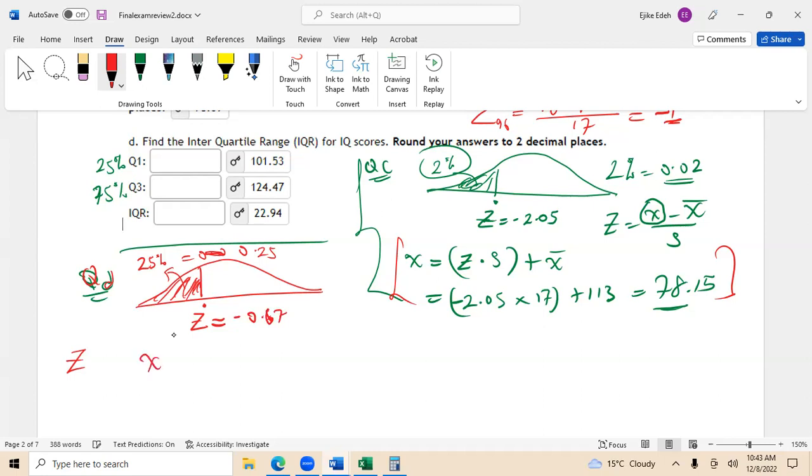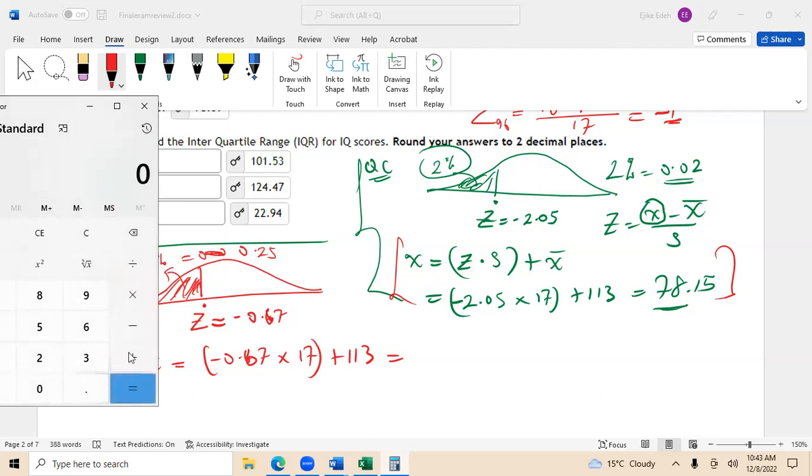So your data value here, your IQ here, will be negative 0.67 times 17 plus 113. Okay. So let's simplify this very quickly.